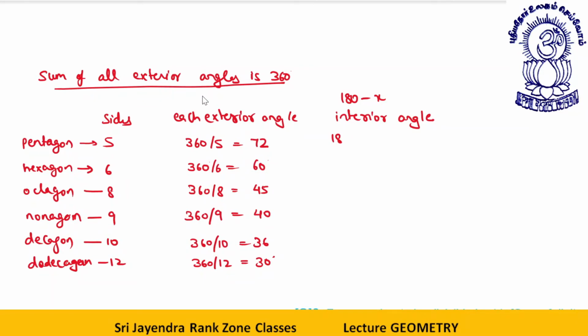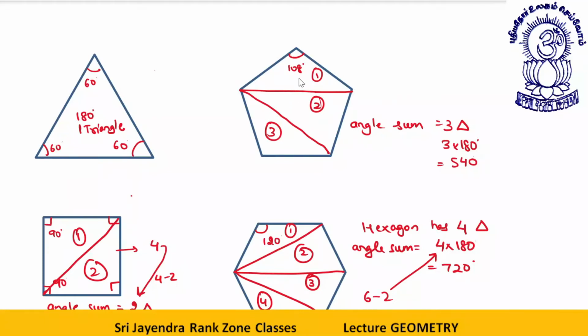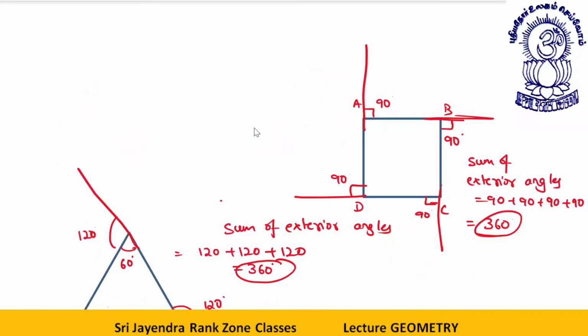Each exterior angle is 360 degrees divided by n. Call this x. So the interior angle is 180 minus x. That is 180 minus 72. This comes out to be 108. If you can recall, a few minutes back I taught you this angle is 108 degrees. Didn't I teach you? 108 degrees.